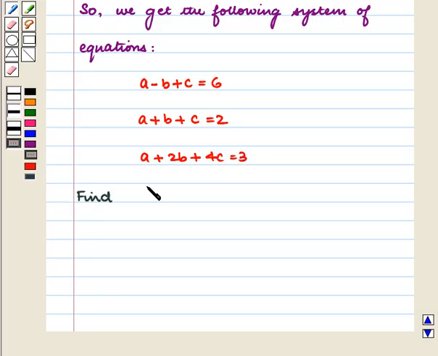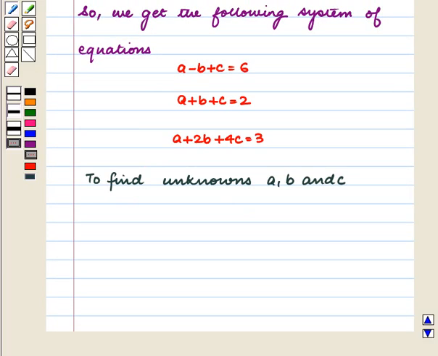Now we find the values of unknowns a, b and c. After finding these values, we will put them in p of x and get the required polynomial. To find these unknowns, we use the Gaussian elimination method.